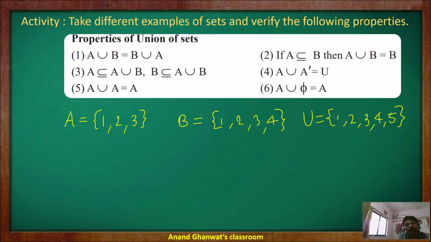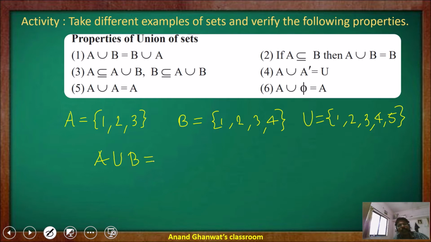Now we can check that A is a subset of B. Then we have to show that A union B is equal to B. Now check A union B. A union B is a set of all elements which are either present in set A or B. That is 1, 2, 3 and 4. Now A union B is equal to 1, 2, 3, 4 and B is also 1, 2, 3, 4.